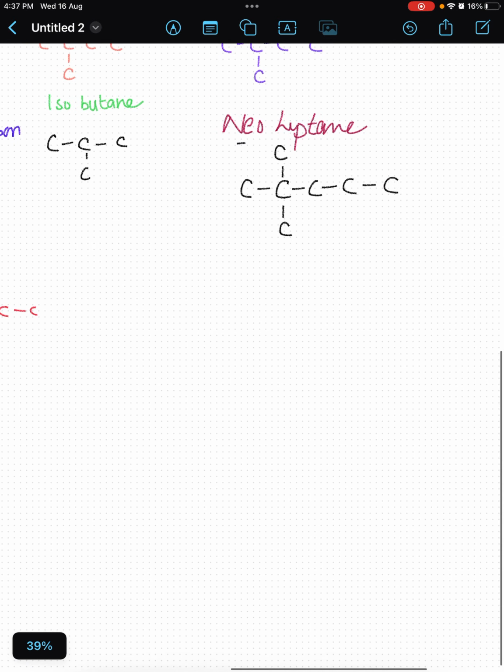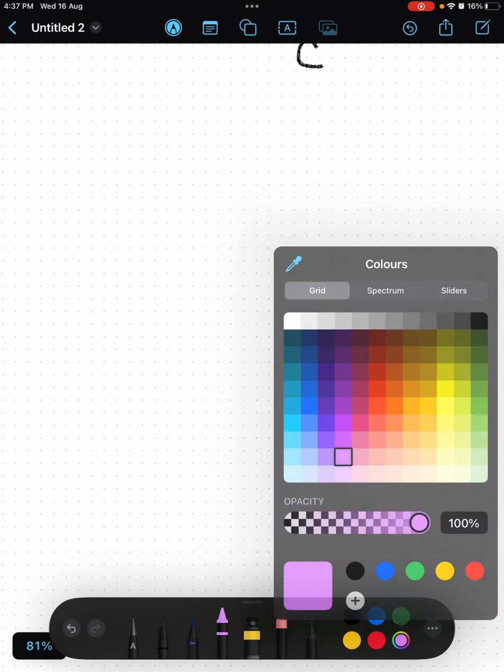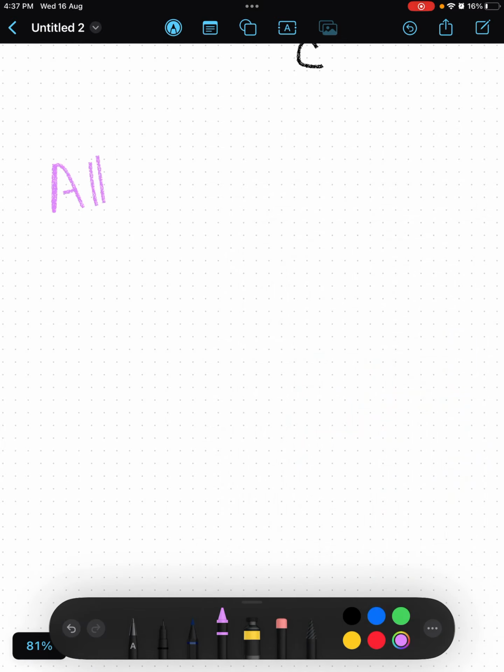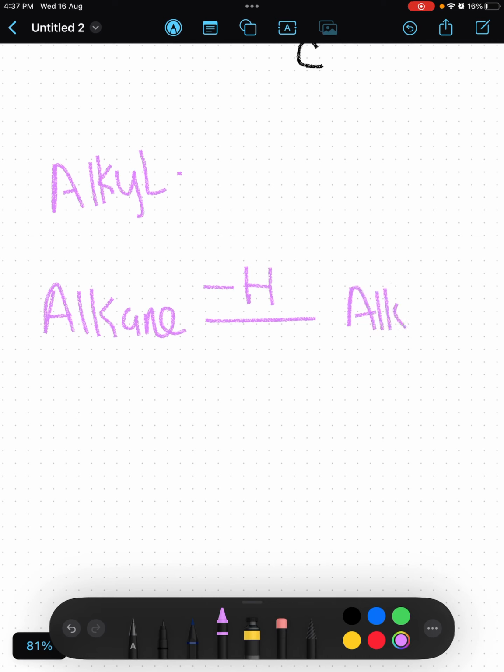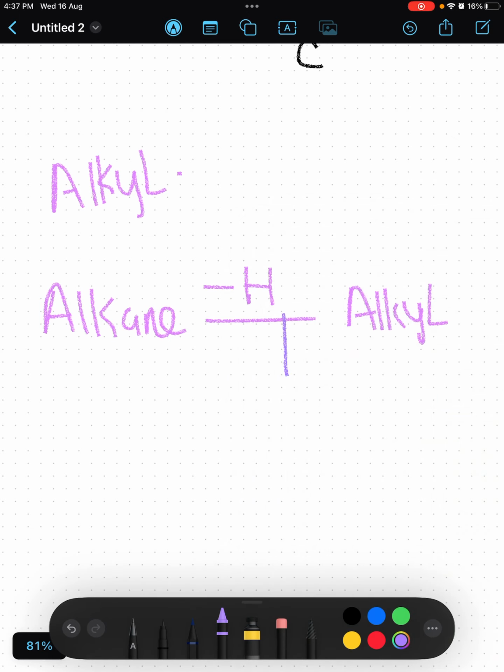Okay, let's see how to make alkyl. What are alkyls? Basically, when we remove a hydrogen from an alkane, that is known as alkyl. For example, we have an alkane and we subtract a hydrogen from it, it becomes alkyl.